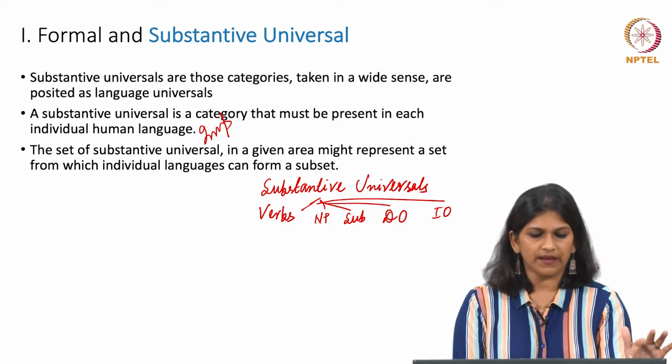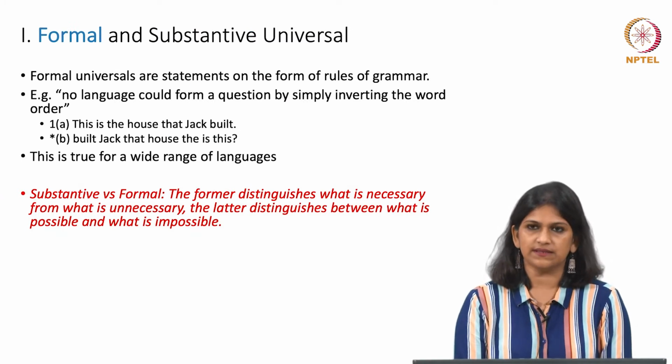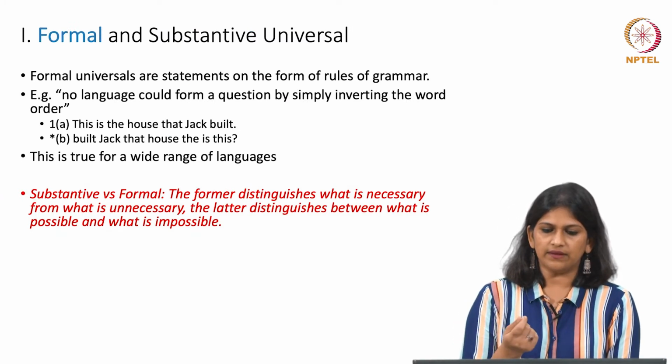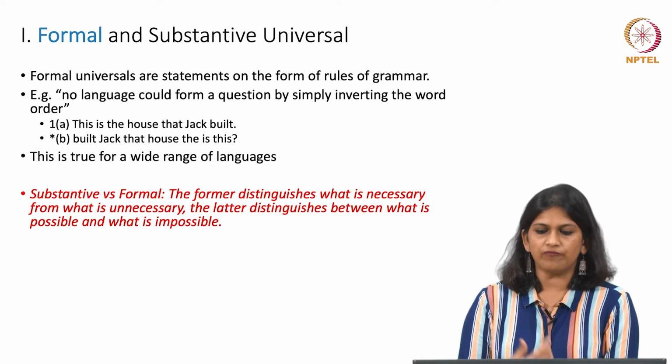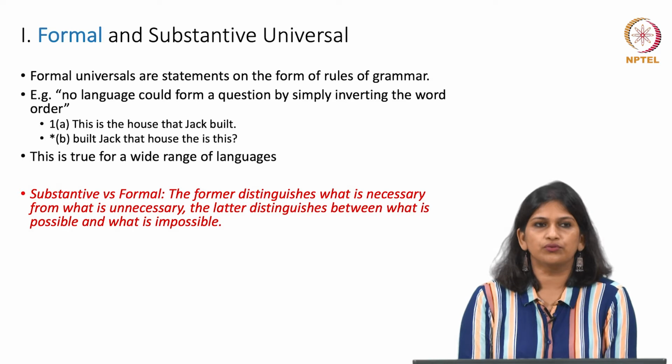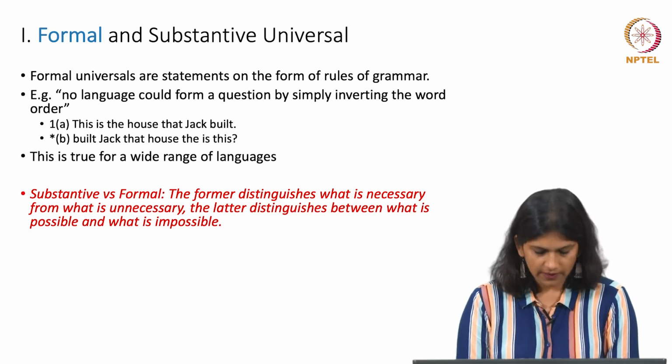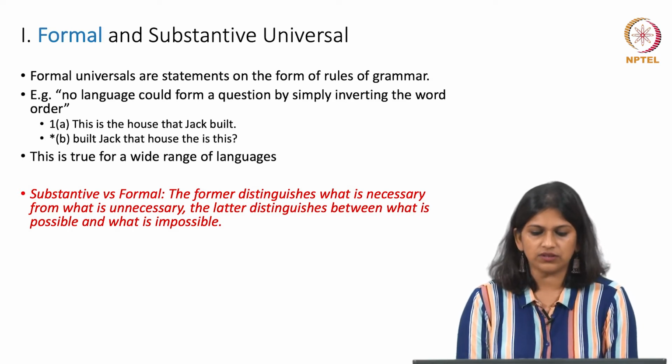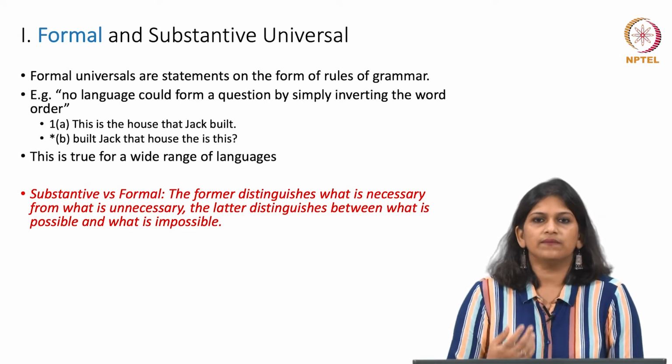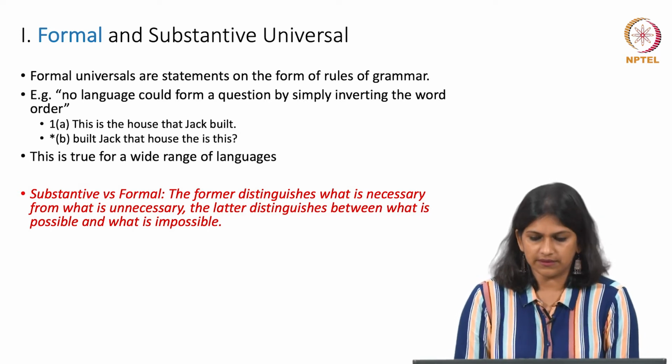However, as far as the formal universals are concerned, these are not categories, rather these are statements which are based on the form of rules of grammar. So, if a particular grammar of a particular language has certain statements, then we are going to call it formal universals.